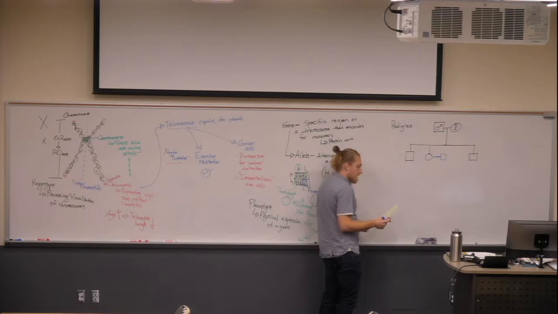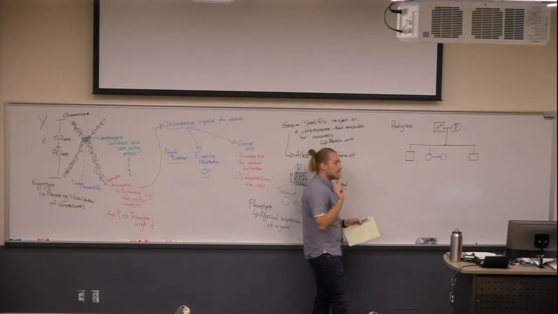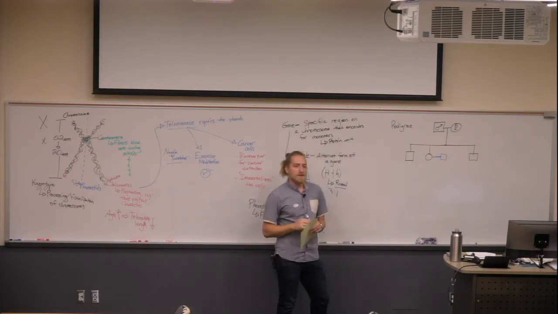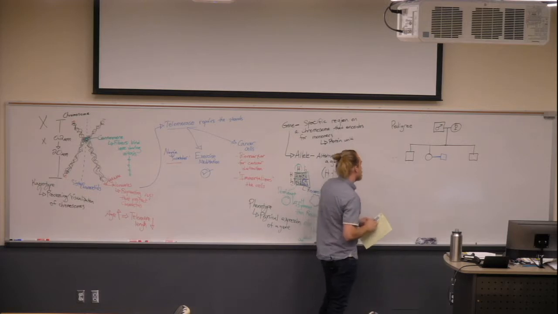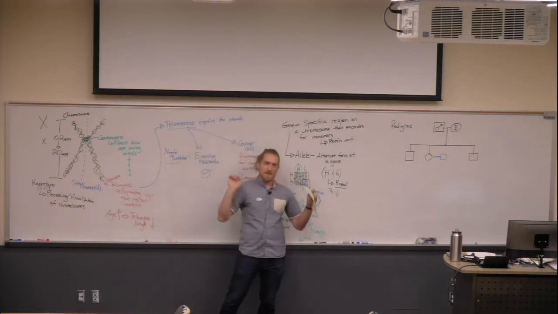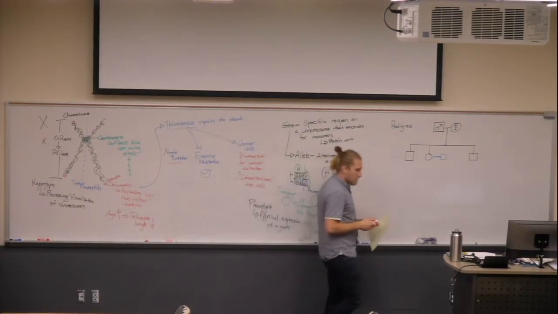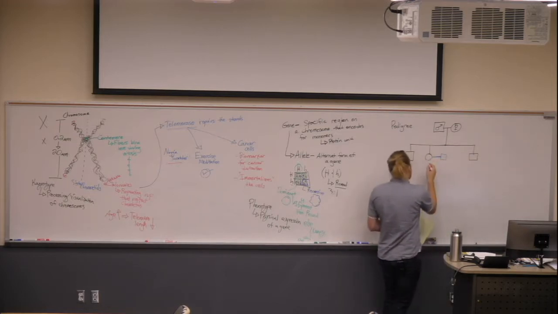Now, let's pretend I want to see who has blonde hair in my family. So if I use red for, quote, the affected individual, I would just shade that in.